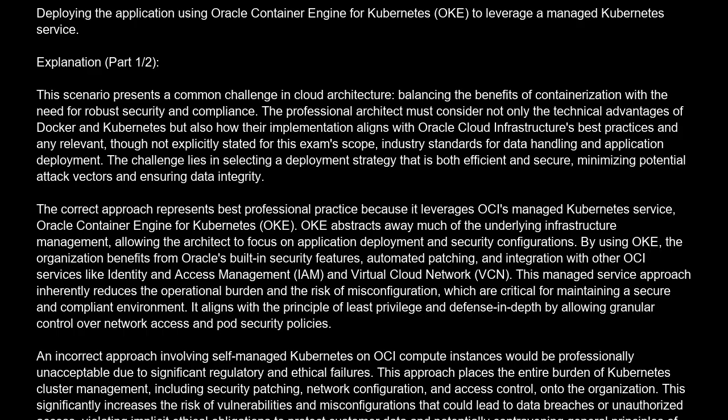An incorrect approach involving self-managed Kubernetes on OCI compute instances would be professionally unacceptable due to significant regulatory and ethical failures. This approach places the entire burden of Kubernetes cluster management, including security patching, network configuration, and access control, onto the organization.